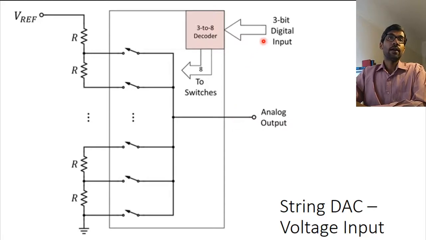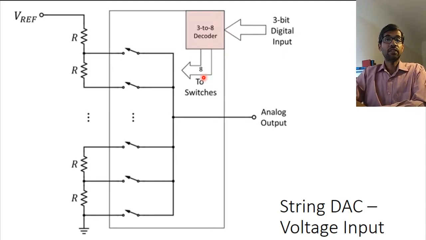So a 3-bit digital input is given. That is the digital number that you want to convert into an analog output. And what you do is you send it through a 3 to 8 decoder. Basically, what it does is it takes these three bits and converts it into a 1 to n code. Remember, right at the starting, we looked at different kinds of digital codes.